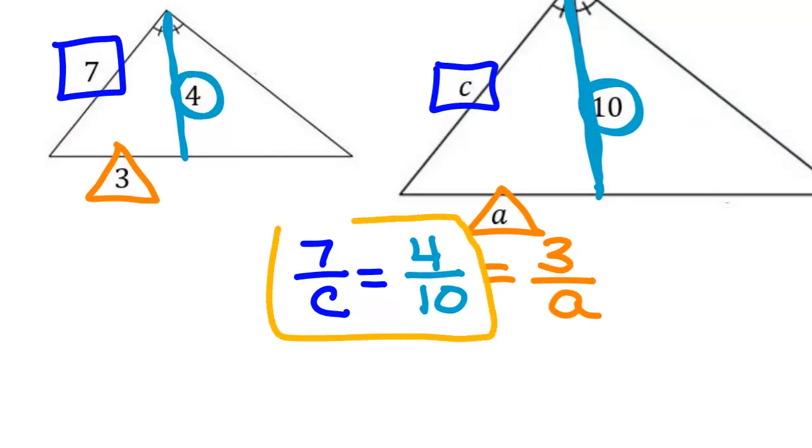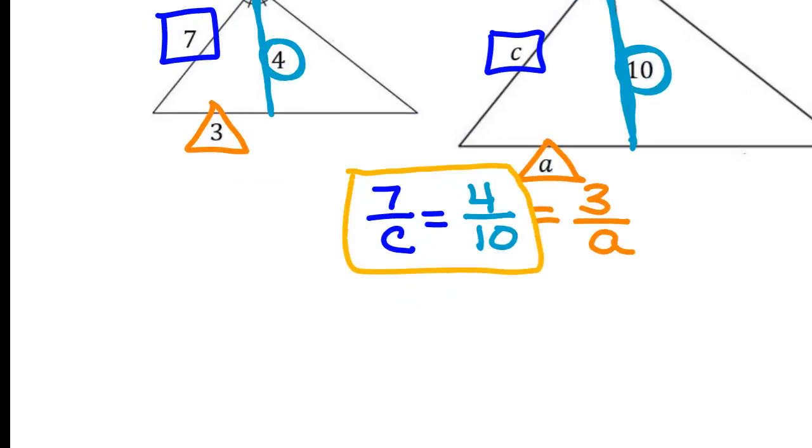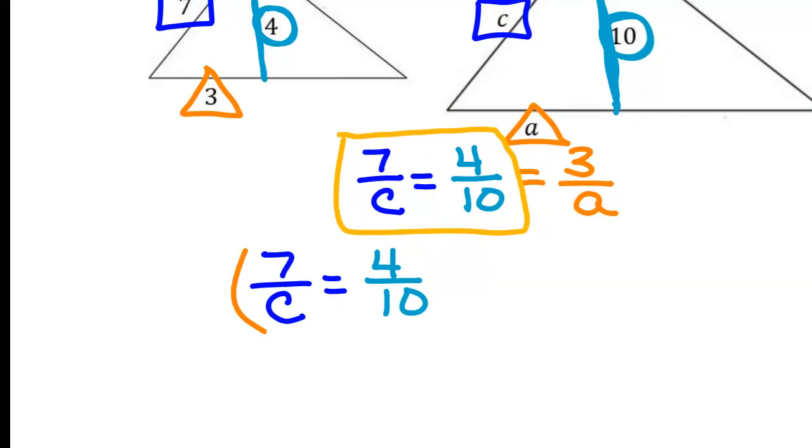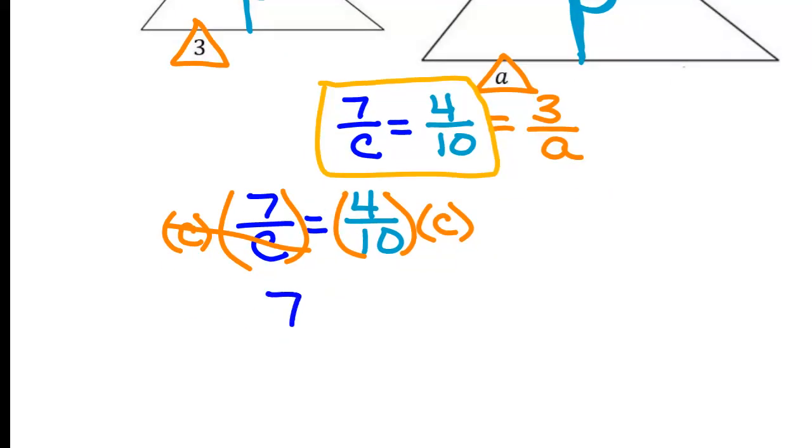We're going to solve this one first. 7 over c equals 4 over 10. Multiply both sides by our denominator of c. So I would have 7 equals 4c over 10.